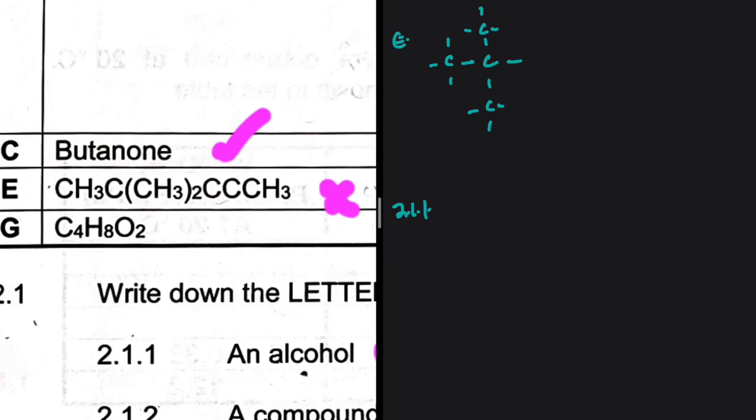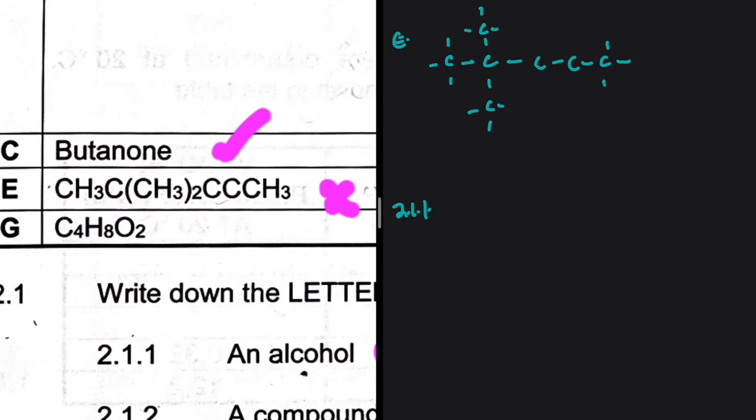And then as we proceed, we have a carbon followed by 3 carbons, right? So let's say 1, 2, and then the third carbon has 3 hydrogens. So that is 1, 2, 3. But as we look at these 2 carbons, we need 4 bonds, right? Because a carbon is supposed to accommodate 4 bonds.